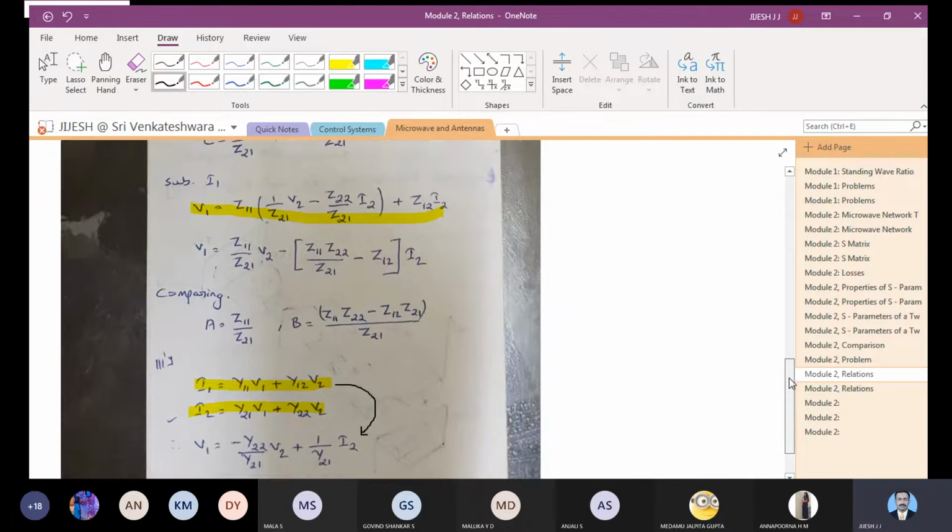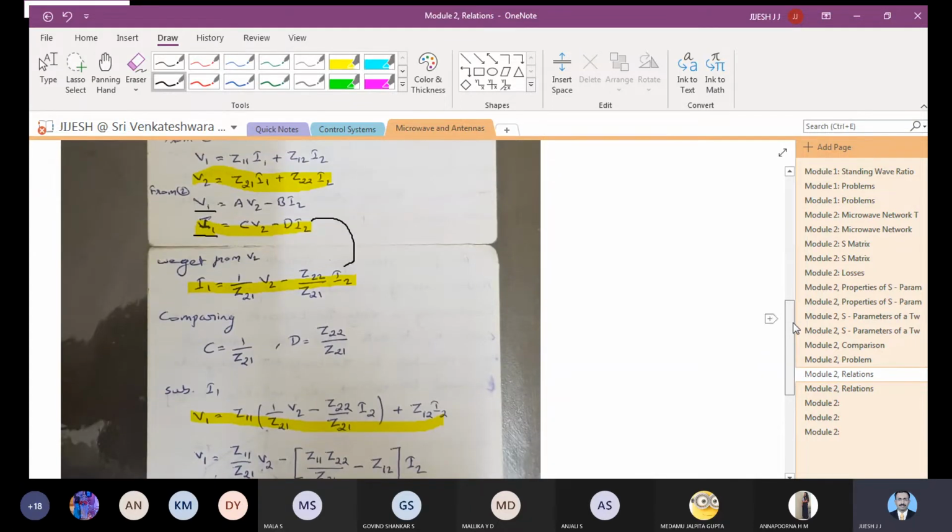You need to compare this equation with this equation. What you can see is V1 is equal to A V2 minus B I2, and from there you can take out A and B. So this is what we are going to simplify further.